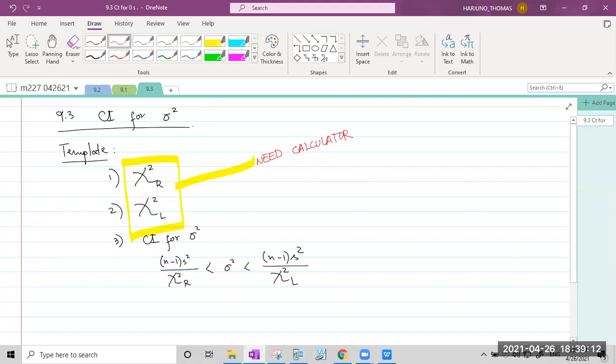Now the thing is, we need to use the calculator to get this. The worst part is, it is actually not in our calculator. We need to program this first.